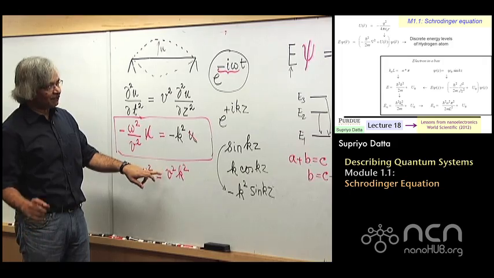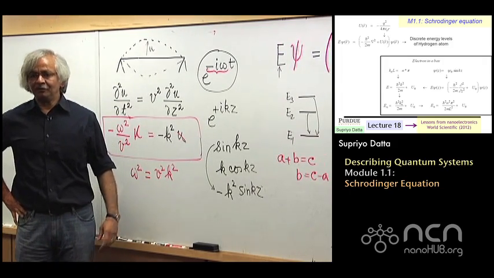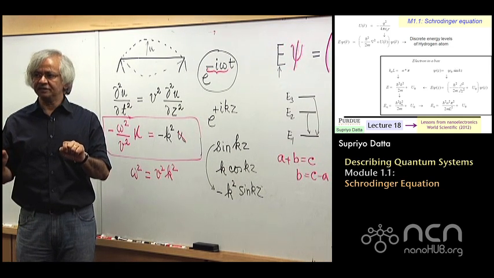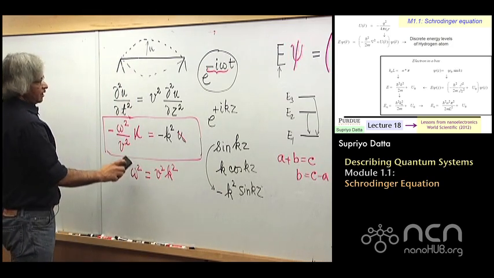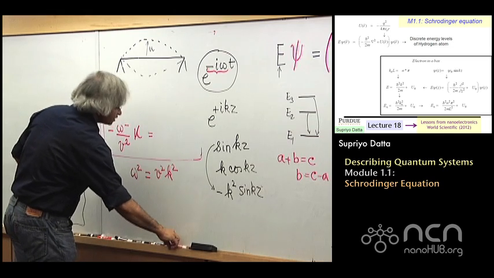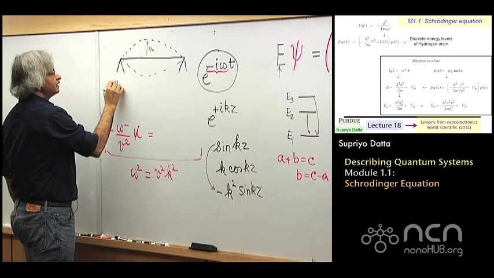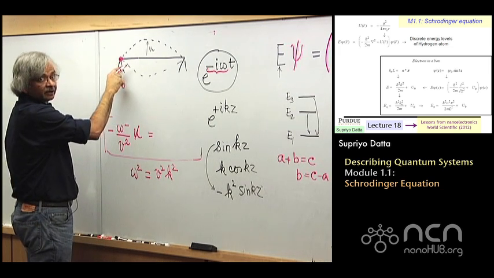Now remember the basic point I'm trying to explain is why when you take an acoustic wave, confine it, you get discrete frequencies. And the answer is that in order to fit into this string, this U has to be 0 at z equals 0, because you don't let it vibrate at that point.